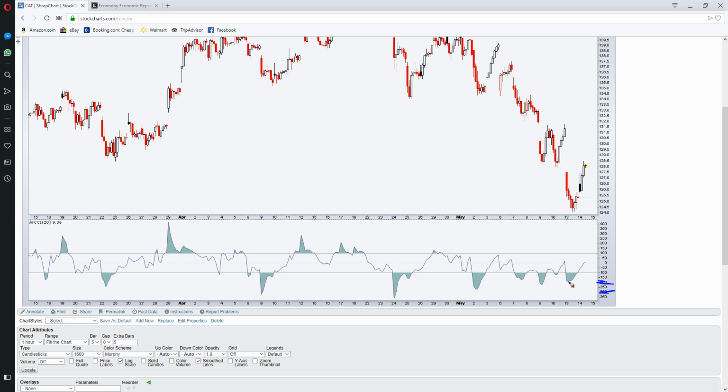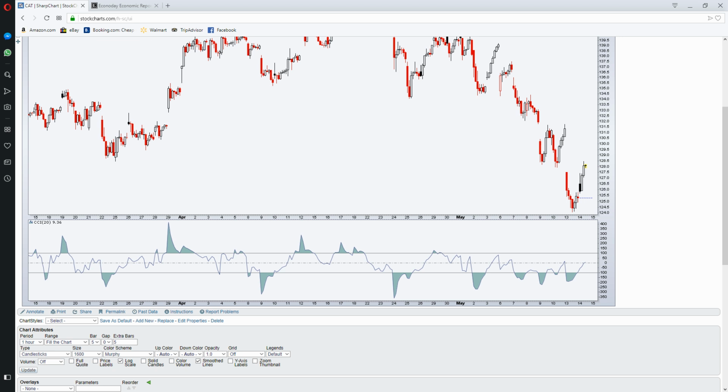Basically, it's looking at the price range of a stock and ultimately the momentum of a stock over a certain period, in this case a 20-day period. It's looking to see: is the stock changing to a greater degree than its normal price change?